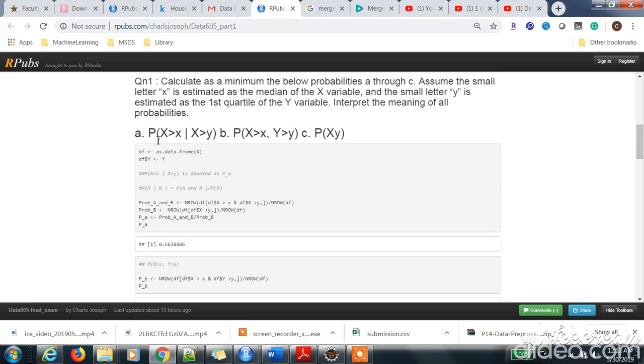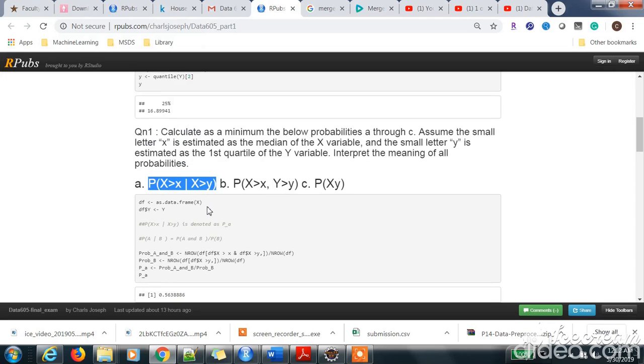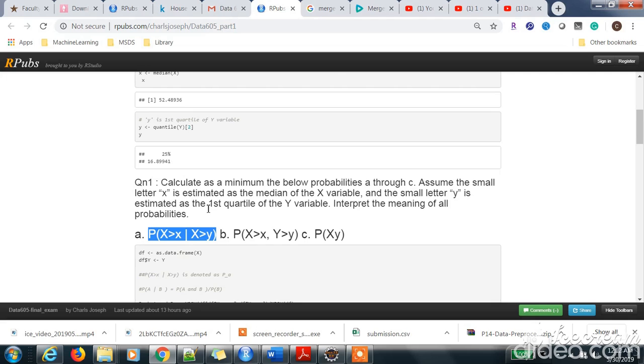The first one is a conditional probability. So we can find the conditional probability of x greater than median, given that x greater than the first quantile of y.